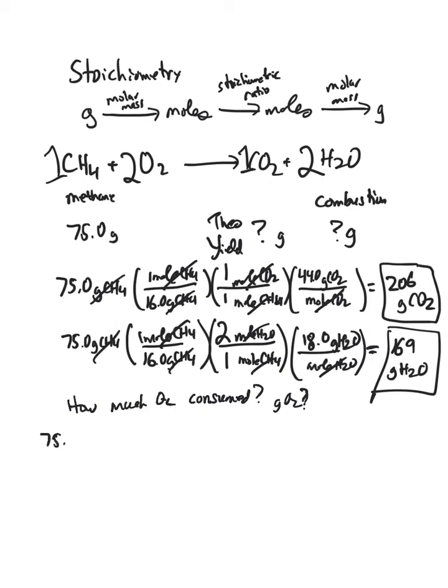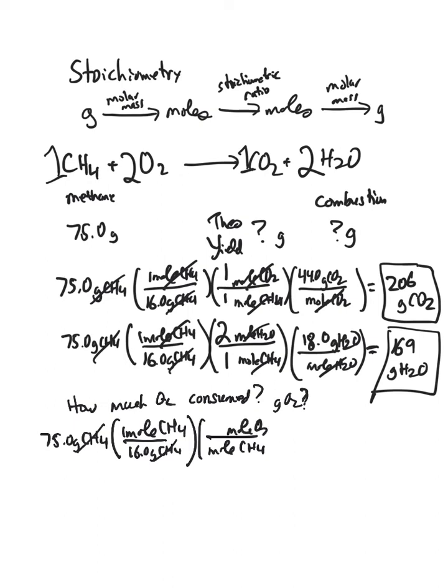So 75 grams of methane. 1 mole of methane is the same as 16.0 grams of methane. Looking familiar, I hope. Grams methane divided by grams methane. Now moles methane to moles molecular oxygen, O2, that ratio is 2 to 1 from my coefficients to the balanced chemical equation.